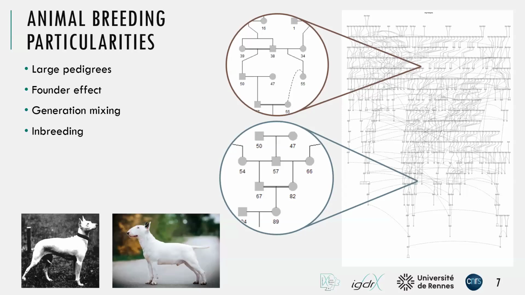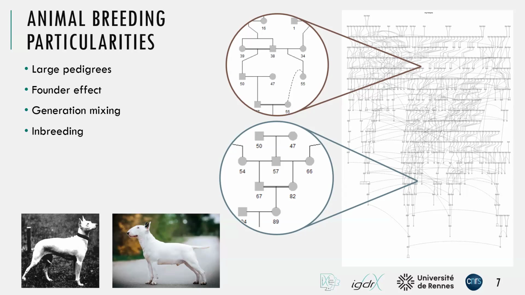However, it isn't always as simple. For pets and livestock, pedigrees are much more complex than those found in human studies and can be exceptionally large. Moreover, to select traits of interest, breeders often induce founder effects where one individual participates a lot in the next generation.